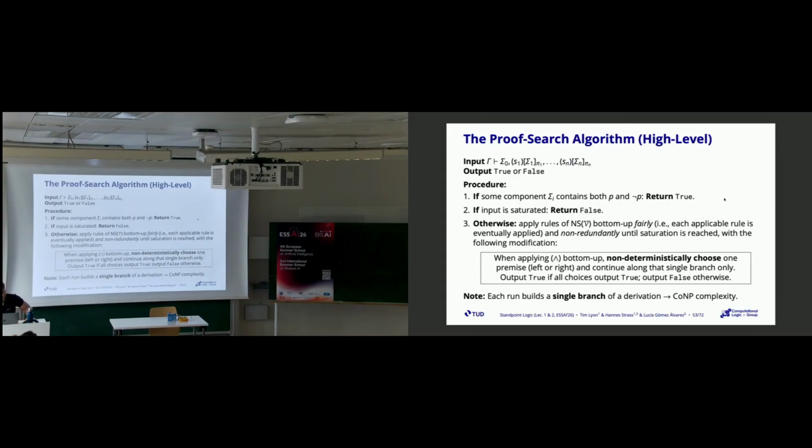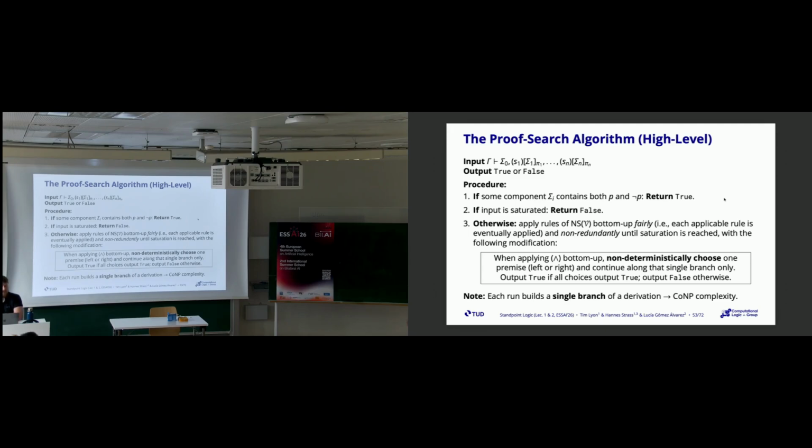So here is a very high-level description of the proof search algorithm for standpoint logic. And the actual algorithm diverges a little bit from the algorithm I described earlier, in that there are some modifications made to it to ensure that the algorithm is as efficient as possible, that it works in the complexity class coNP.